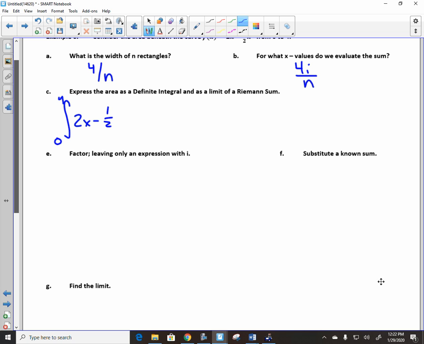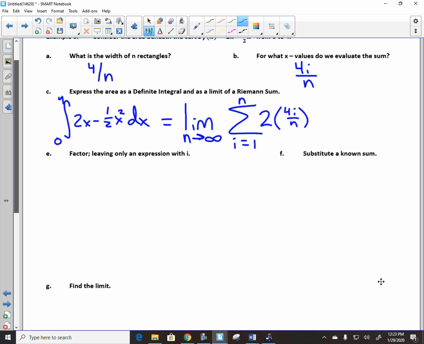The integral of 2x minus 1/2 x squared dx equals the limit as n goes to infinity of the sum from i equals 1 to n of 2 times 4i over n minus 1/2 times (4i over n) squared.